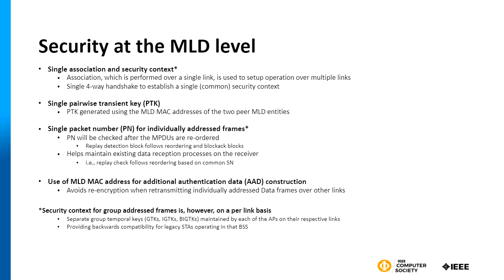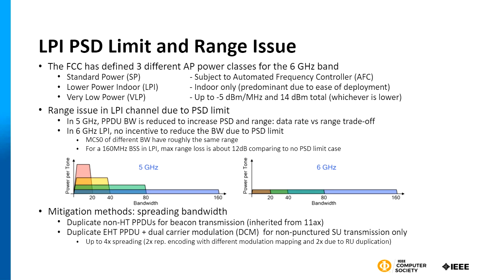Let me find that slide. Yeah. So we have this mode which is called the EHT duplicate PPDU. We transmit a duplicated PSDU that is duplicated over, for example, 80 megahertz, and we use the dual carrier modulation to add additional repetition gains. And that is essentially overcoming the PSD limits that we have from that perspective.